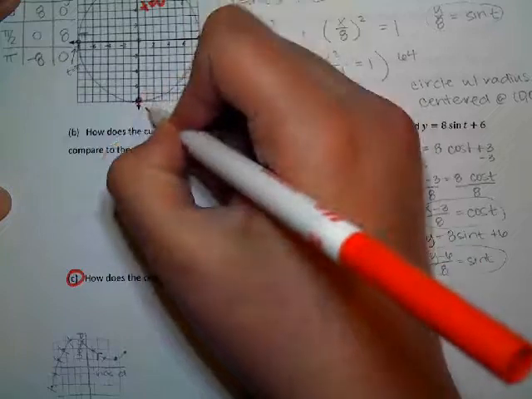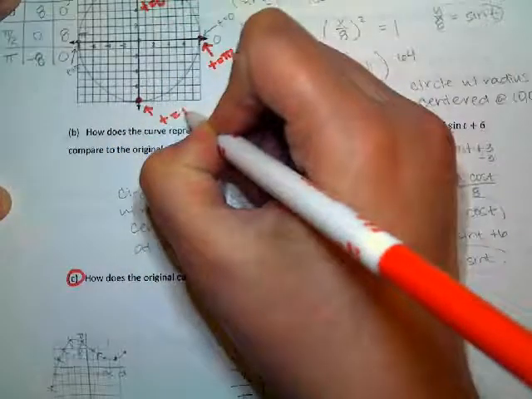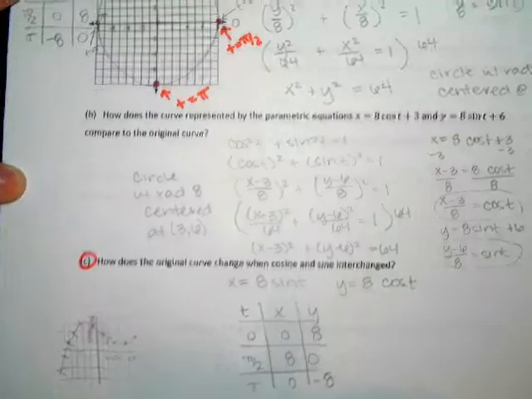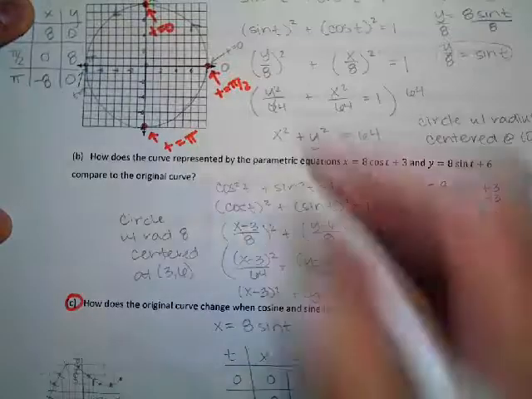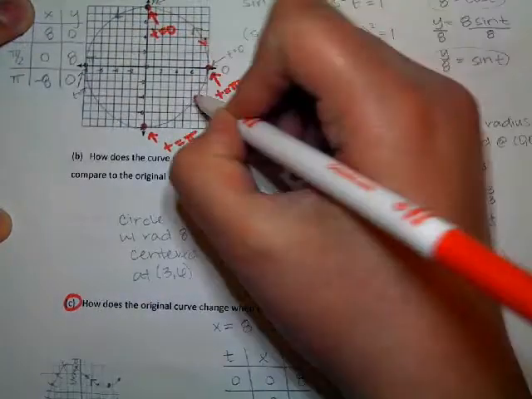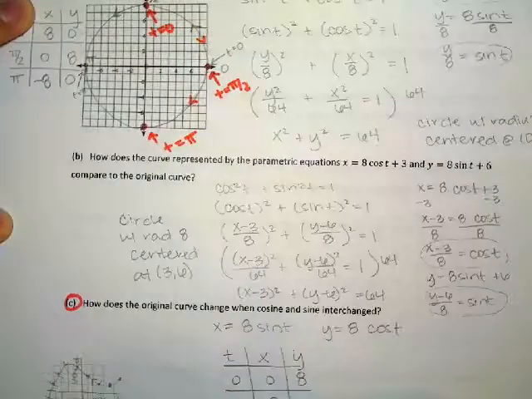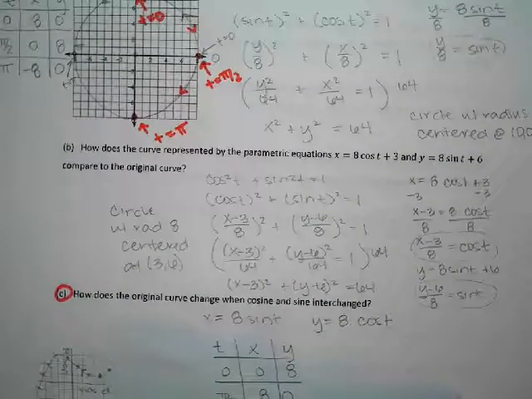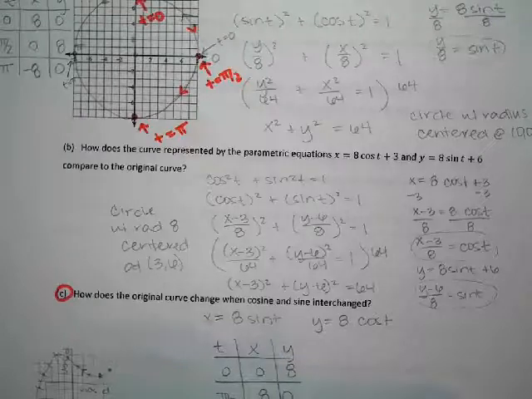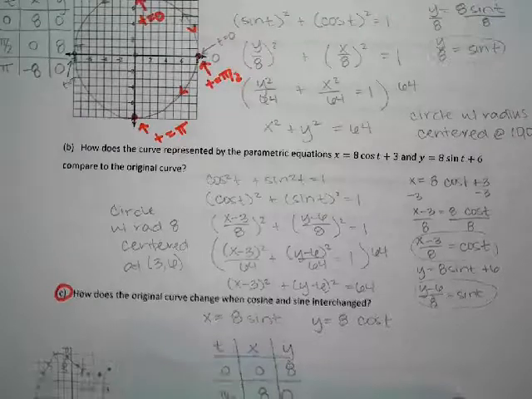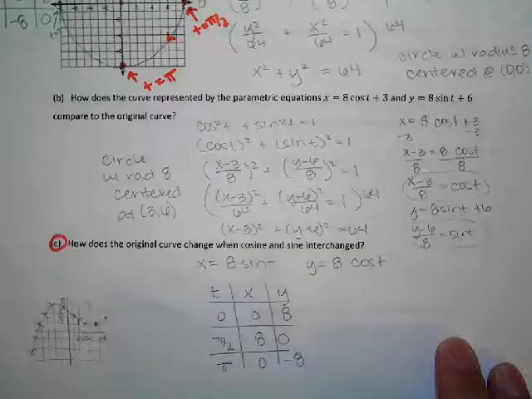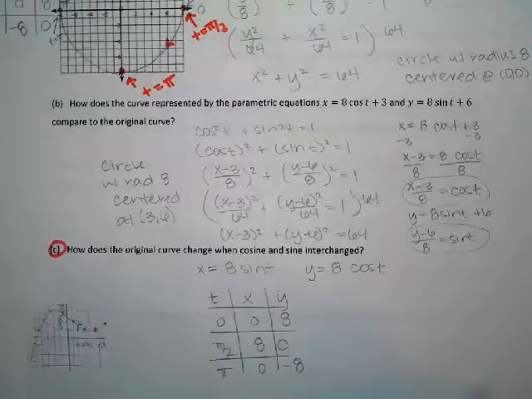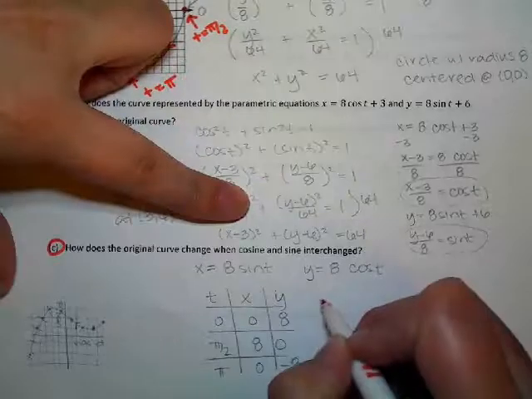So how did it change the graph? Orientation. It changed the orientation. Yeah, it started at a different point. Okay, so it's the same circle, it just changes the direction, aka the orientation, but the center is the same.